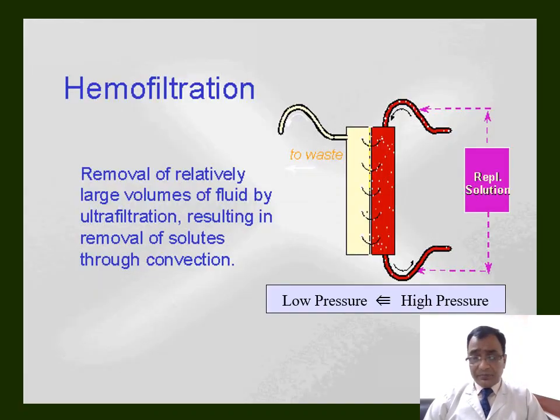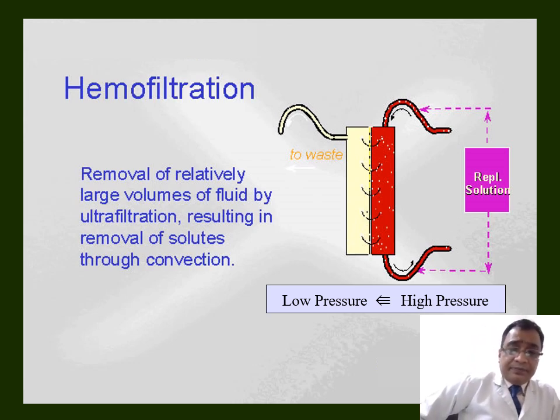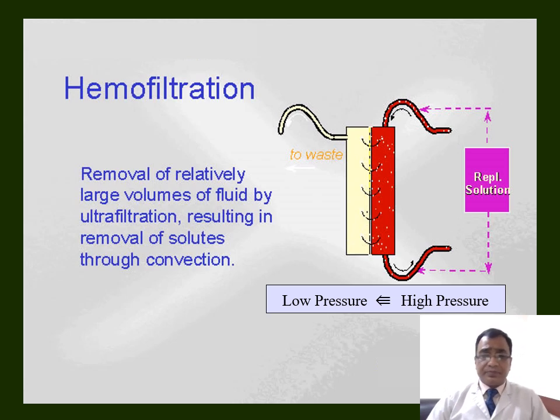The next important thing: if we combine this ultrafiltration along with the replacement of fluid, this is called hemofiltration. Actually, a large amount of ultrafiltration is happening, and an equal amount of whatever ultrafiltrate happens, an equal amount of fluid enters into the patient circulation in the form of replacement solution.